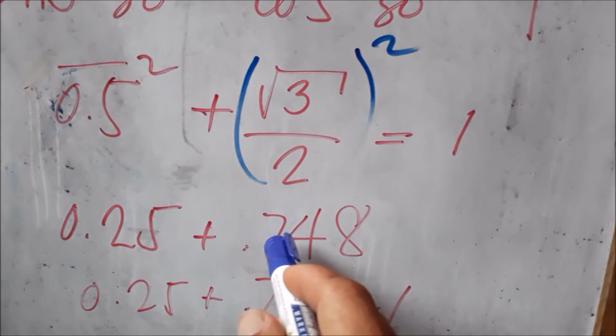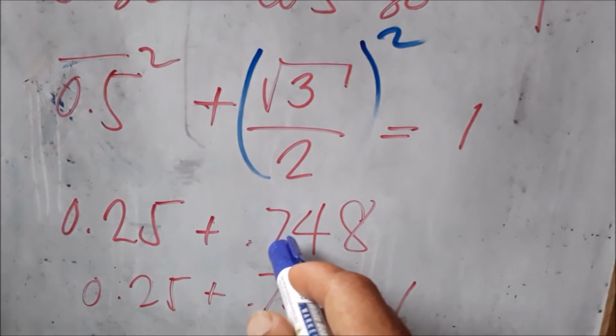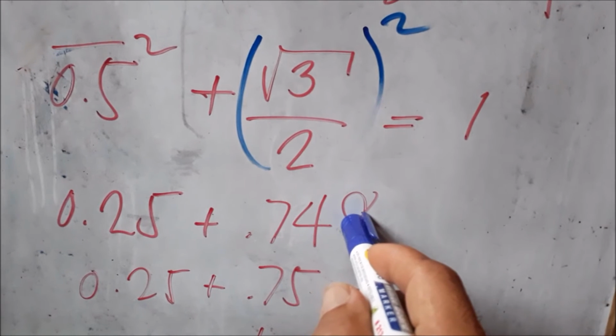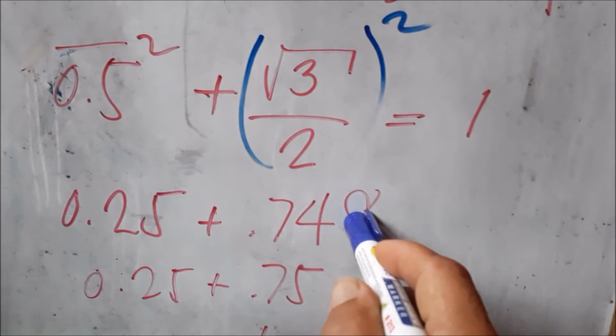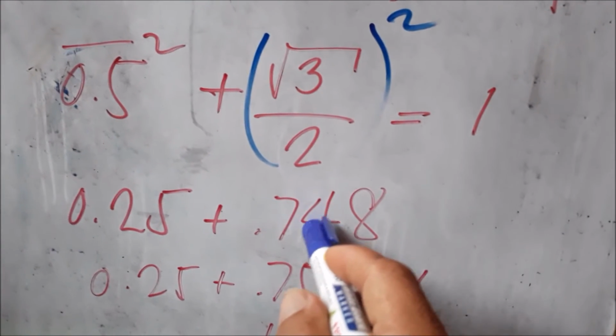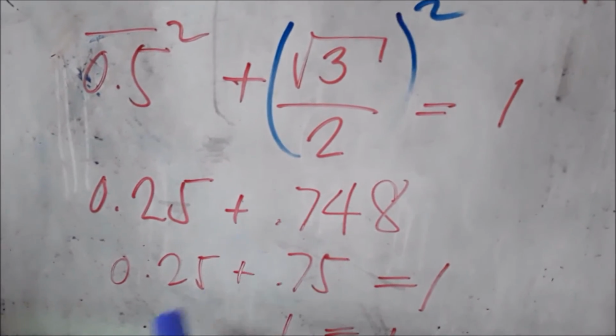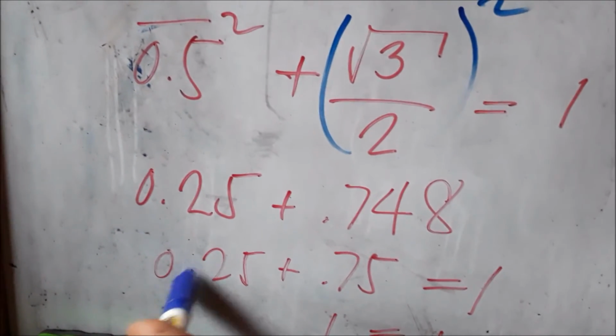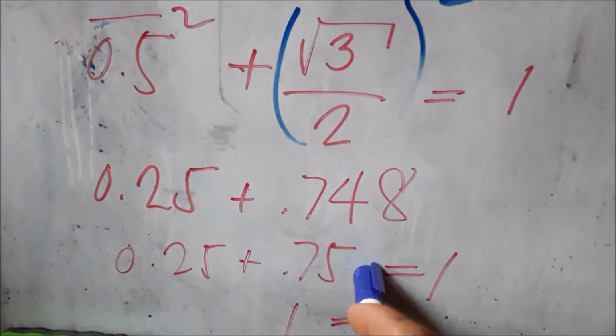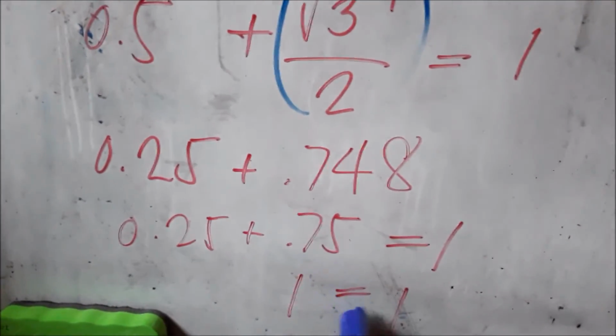Simplified, it becomes 0.75 since we rounded off. Then 0.25 plus 0.75 is equal to 1. So 1 is equal to 1.